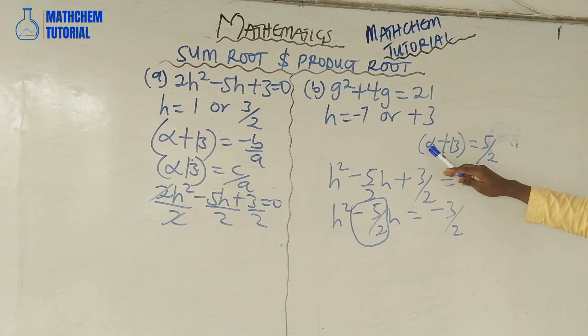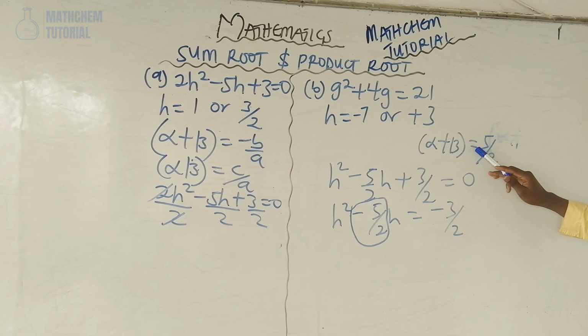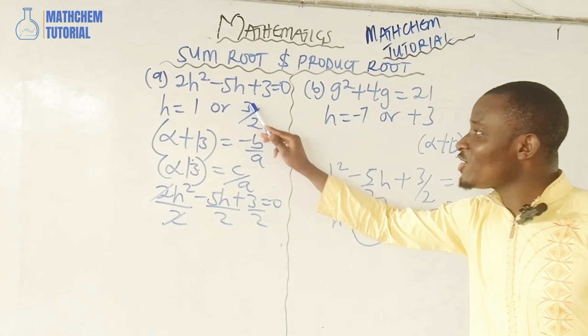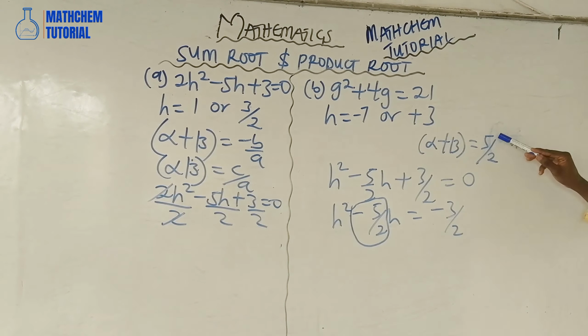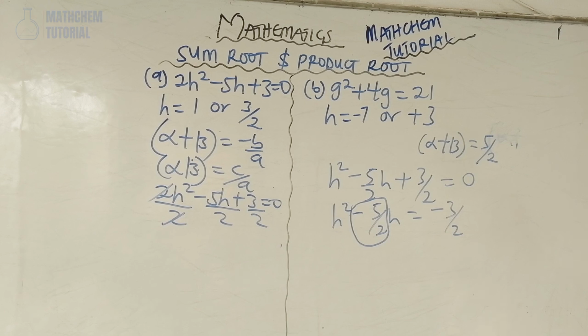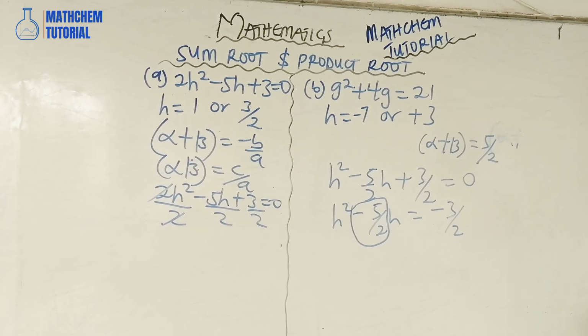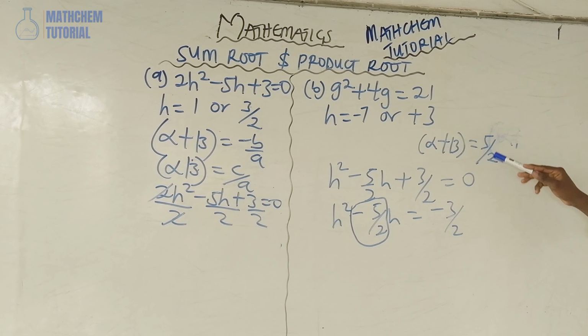That was why the sum alpha plus beta is giving us 5 over 2. And if you add 1 plus 3 over 2 together, what will you get? You get 5 over 2. You can pause this video and try that by adding 1 plus 3 over 2 together for the value of h. You will see that you are going to get 5 over 2.